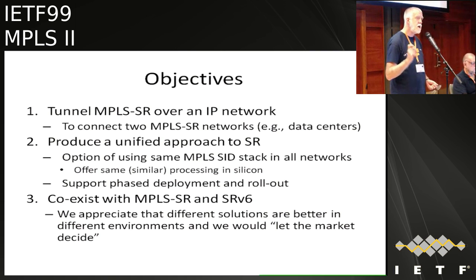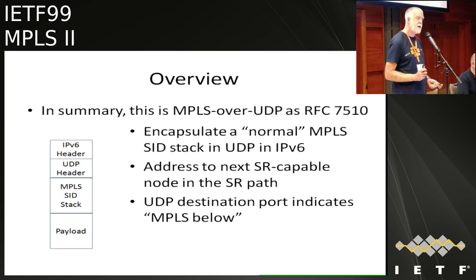So the overview is really RFC 7510. Those of you with long memories may recall this took us quite a long time to get through transport area, even though this working group was quite cheerful about it, but we're there, and our major proposal is simply to reuse that. Nothing smart about this.